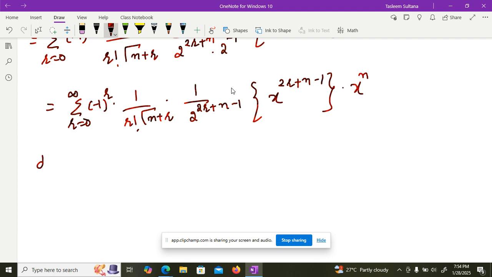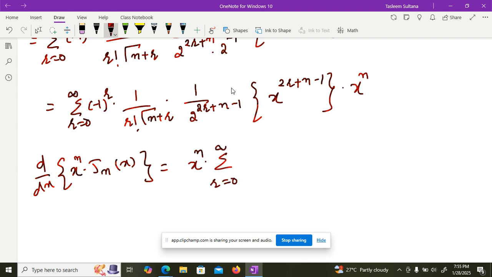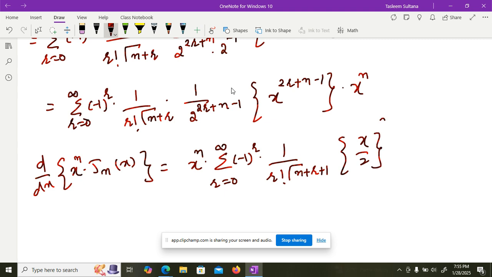On the other side, what we have taken, d by dx of x to the power of n into Jn of x, which equals x to the power of n into summation r equals 0 to infinity, minus 1 to the power of r into 1 divided by r factorial gamma of n plus r plus 1 of x by 2 to the power of 2r plus n minus 1. Now still it is not in the definition form, because here I have written a gamma of n plus r, one r extra.